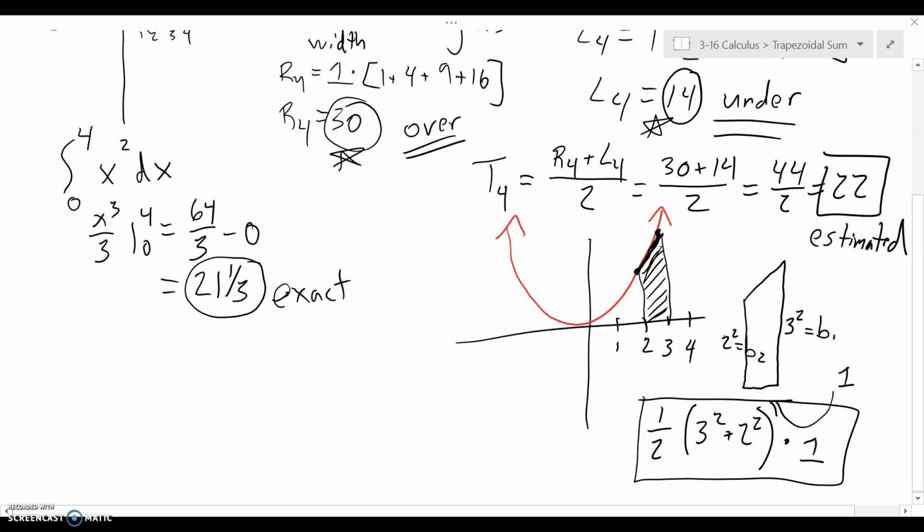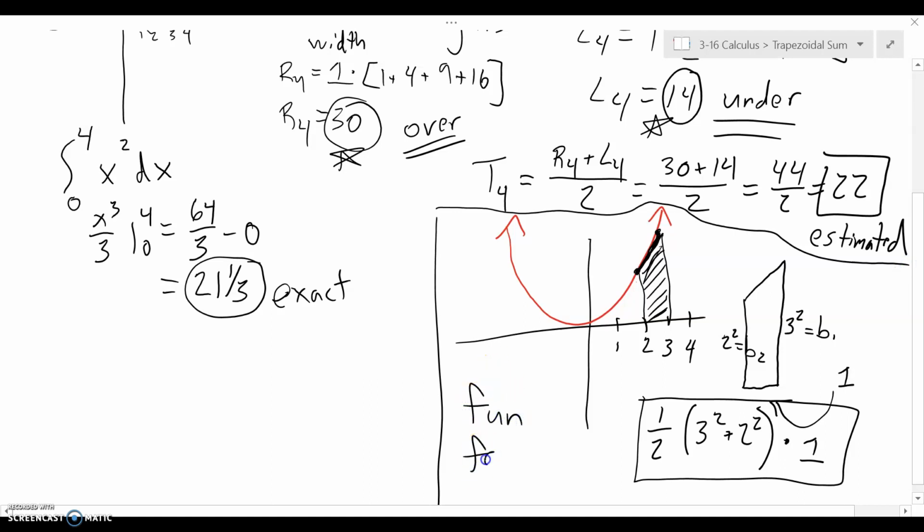It does technically create a trapezoid shape, or it takes the average of the left and right, which levels off the rectangle and makes it a linear slanted function on top. But again, that's more just a, hey, that's cool fun fact type of deal, and it's why it gets called trapezoidal.